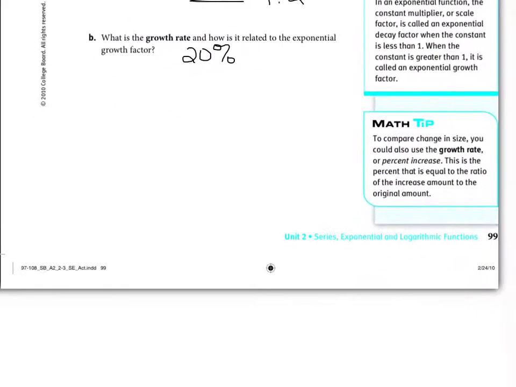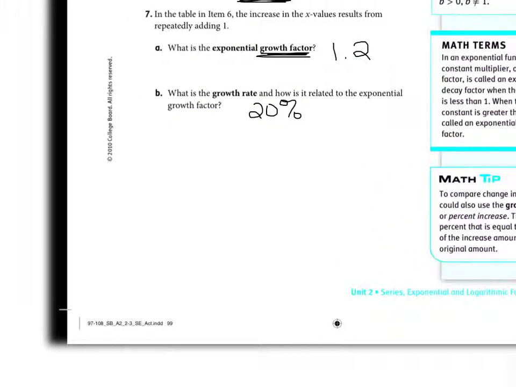And just to think about that, what if we were multiplying by 1.5? Well, 1 would mean we wouldn't change at all. This would be increasing by 50%.